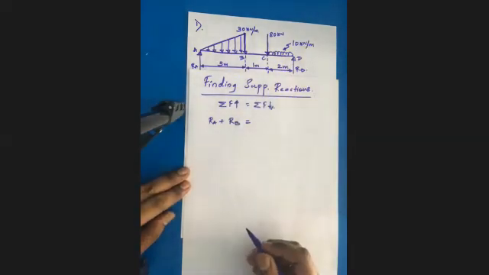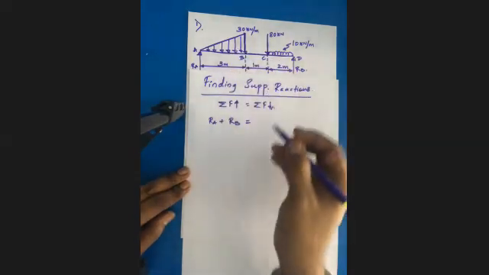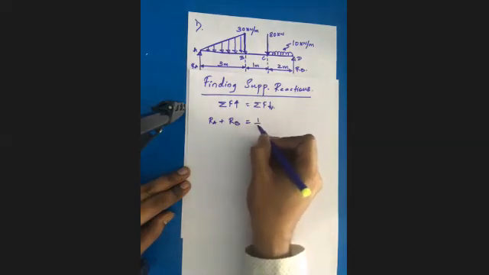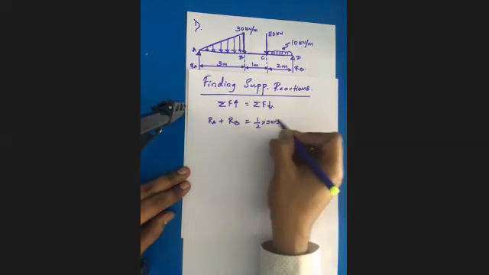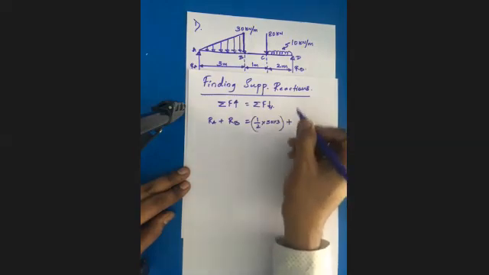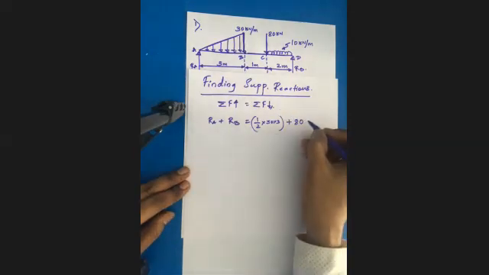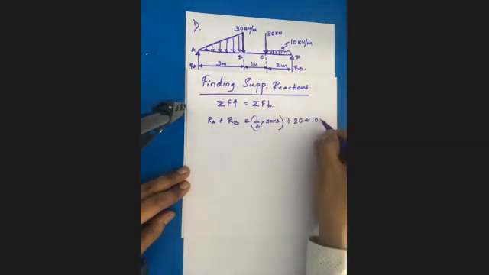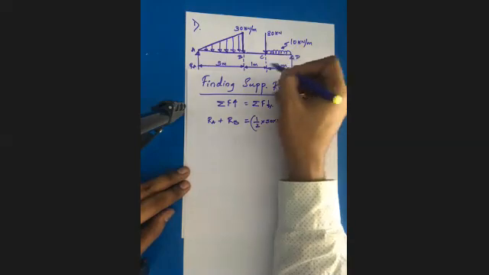So I'll first convert this UVL into a load, that is half into 30 into 3 plus this point load, which is 80, plus the UDL, which is having the magnitude of 10 into 2. That is this magnitude into this distance.